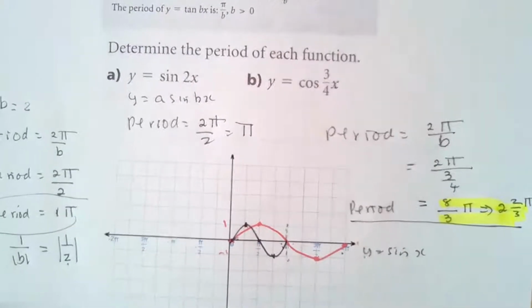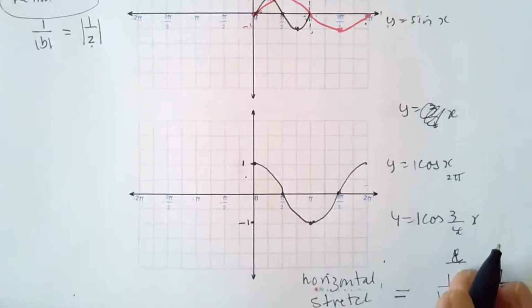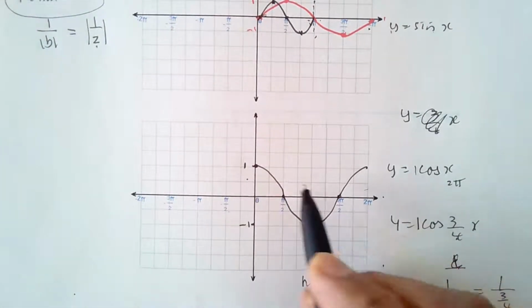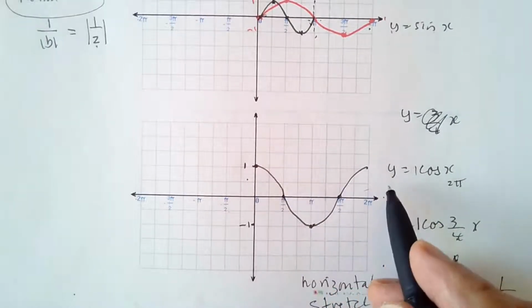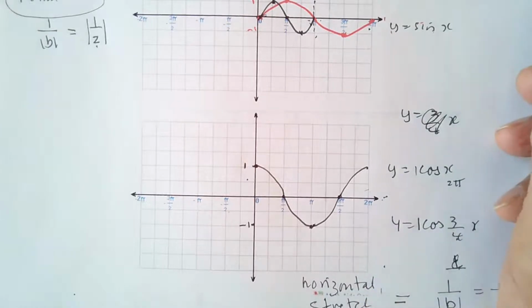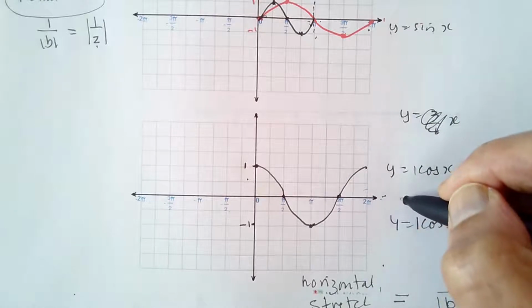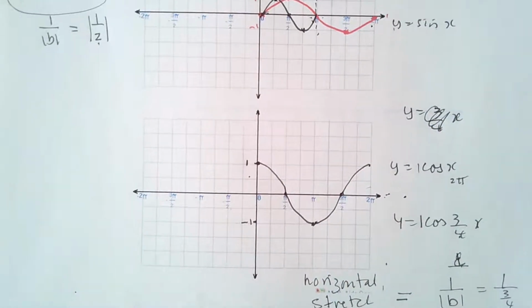If you were to sketch that now, I need to extend this graph a bit further. So this graph is actually 2 2/3 pi over here. The graph is really stretched. The amplitude is still the same, except the graph is stretched out to 2 2/3 pi.